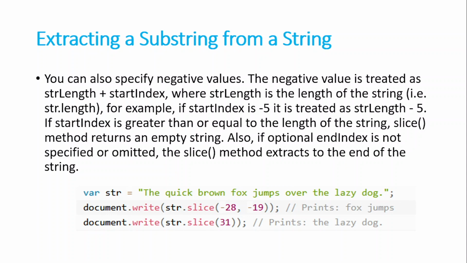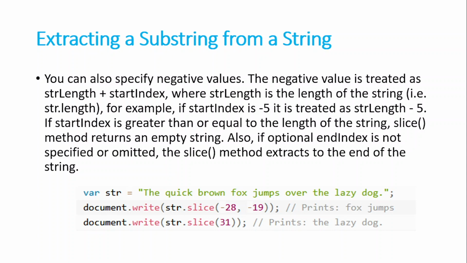You can also specify negative values. The negative value is treated as string length plus start index, where string length is the length of the string. It implies string.length. For example, if starting index is -5, it is treated as string length -5. So what is the string length?